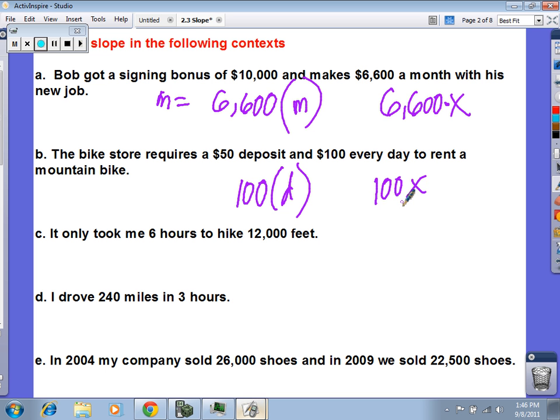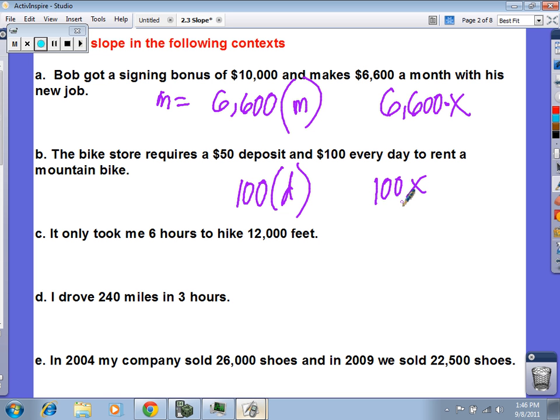What direction is it changing? Down, up. If you're the person renting, is it changing down or up? Why down? Because you're paying. So if you're renting the bike, your money is going down $100 every day. What if you're the store? It's going up. So it depends on your point of view.